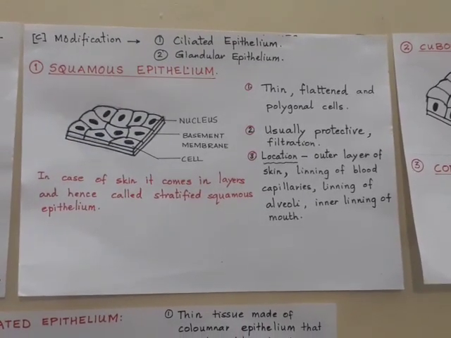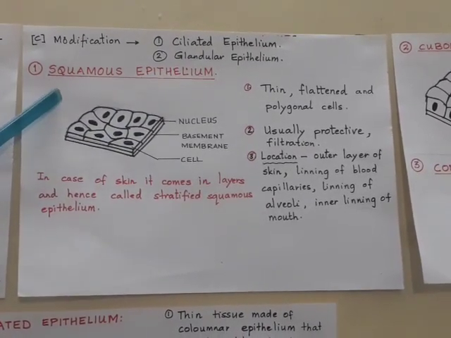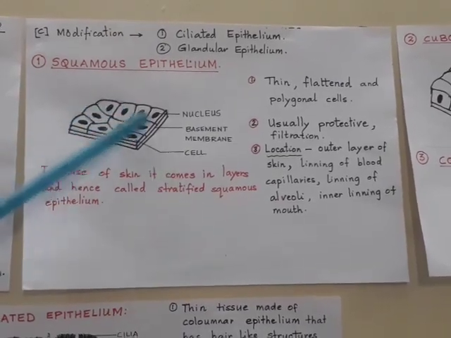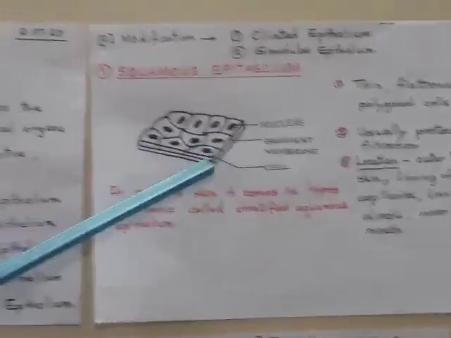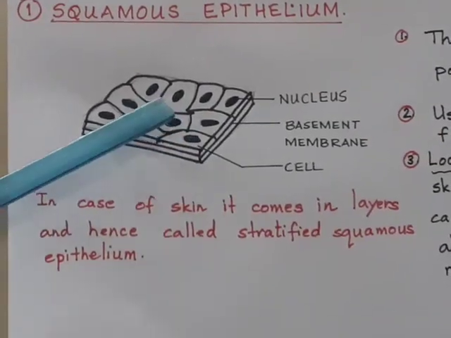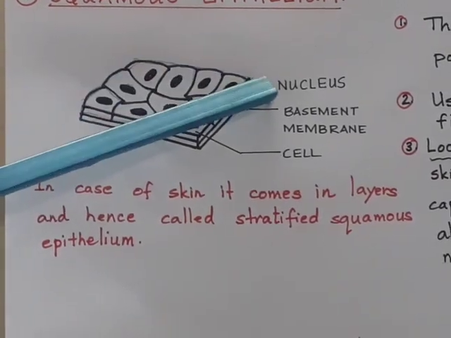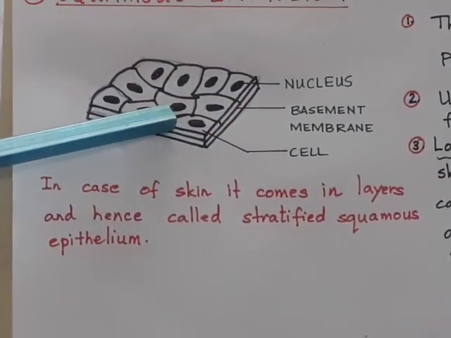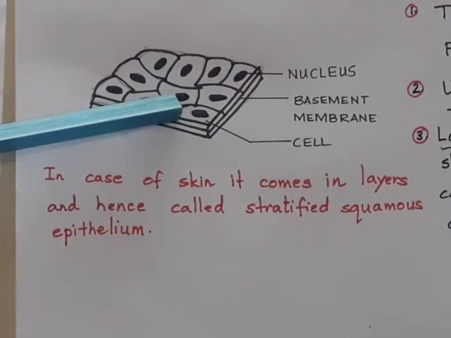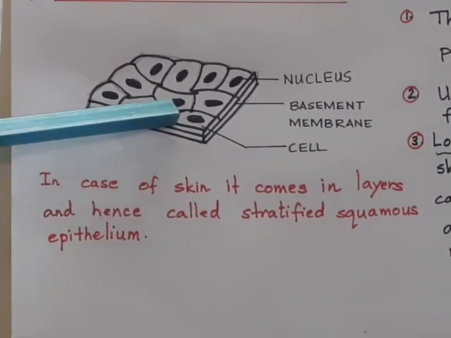Now we come to the first type, which is the squamous epithelium. As seen in the diagram, it has a basement membrane on which the cells are placed. Each of these cells has a nucleus and it is thin, flattened, polygonal. You know what polygonal is?